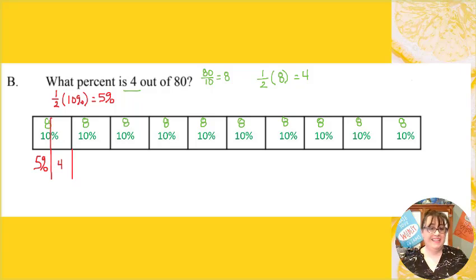So what percent is 4 out of 80? 5%. That works for me. 5% is the same as 4. If I went and chopped each one of these into halves, and I had 5% each, I would have 20 pieces, and I would have 4s. Do 20 fours equal 80?